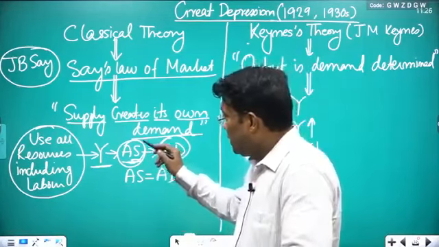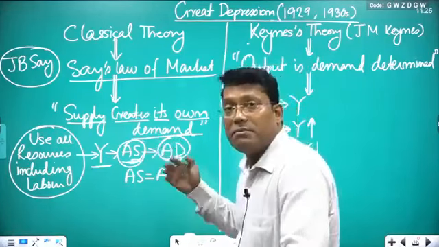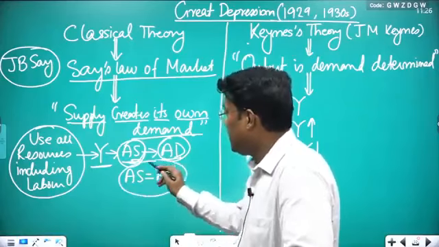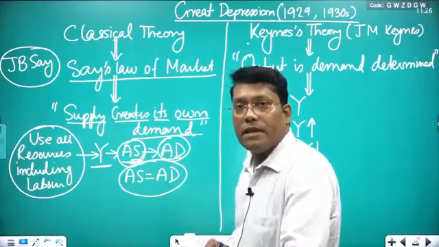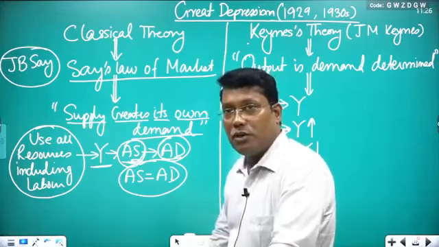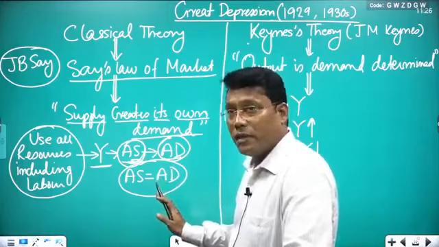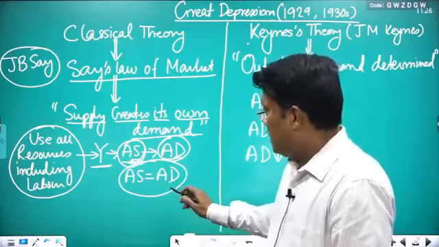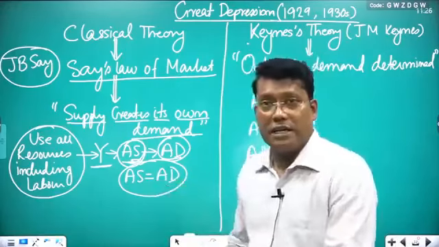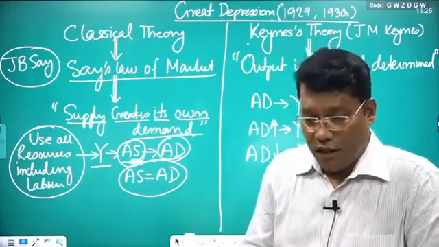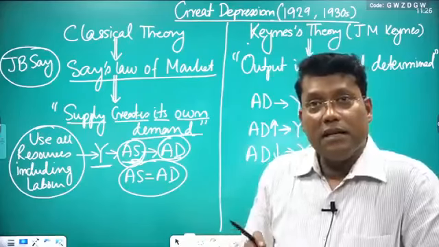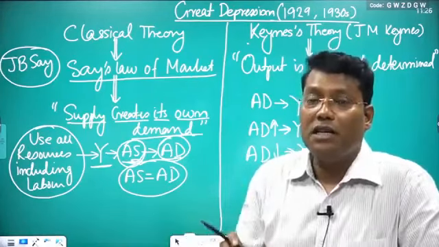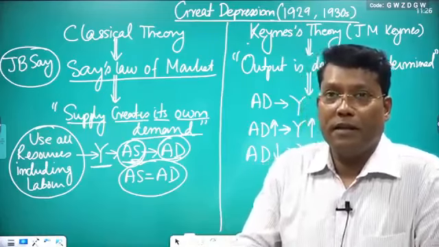So, when aggregate supply is going to create the same amount of aggregate demand, then aggregate supply must be equal to aggregate demand. So basically this is its theory. Aggregate supply is going to be equal to aggregate demand. In economy, if aggregate supply is equal to aggregate demand, it means economy is at equilibrium.